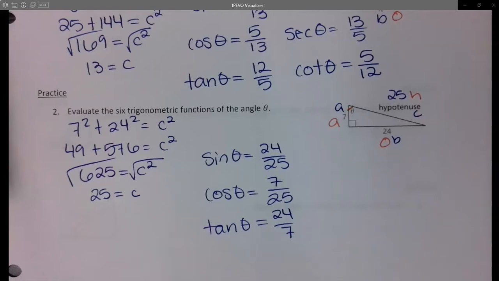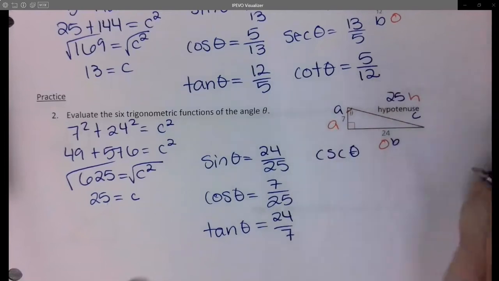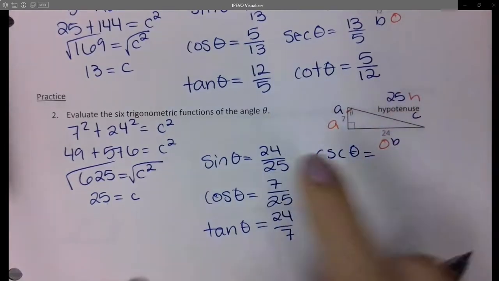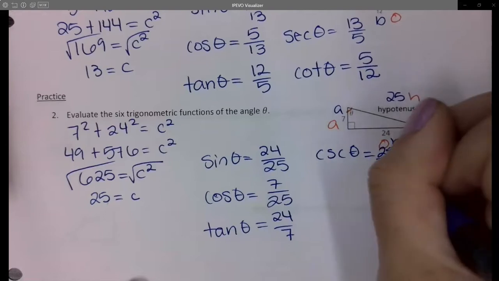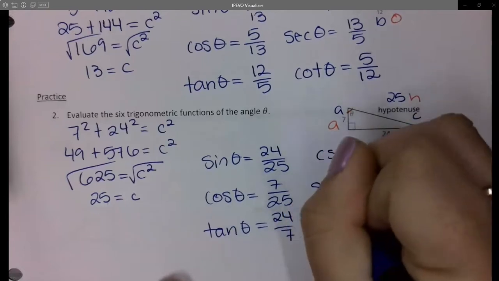Then I want to do my reciprocal functions. Cosecant goes with sine. So I flip the sine fraction. So now it's going to be 25 over 24. Then I want to flip cosine for secant.